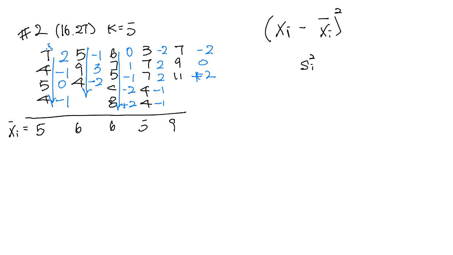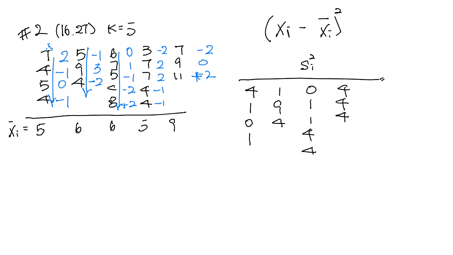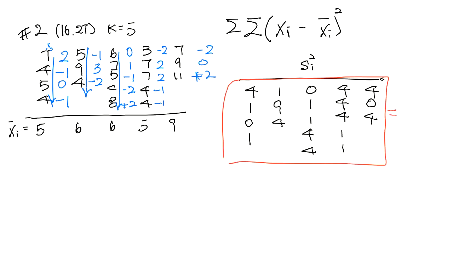So now let me take the squares. 2 squared is 4, negative 1 squared is 1, 0, 1, 1, 9, 4, 0, 1, 1, 4 and 4, 4, 4, 4, 1 and 1, 4, 0 and 4. Then what? Double summation. That means the overall sum. Let me take the sum this way first.